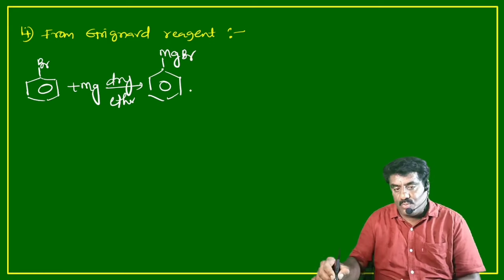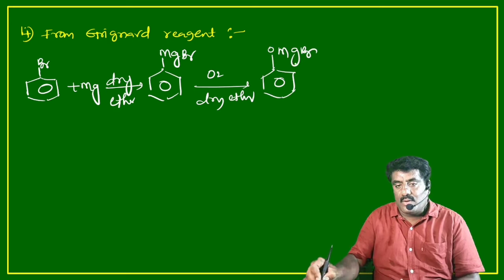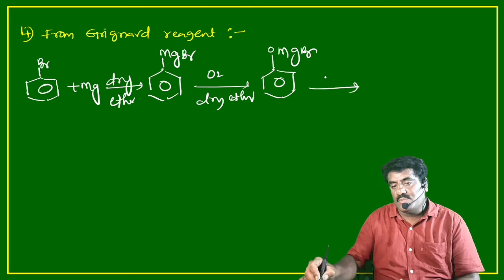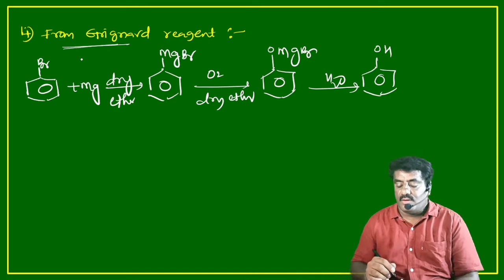Phenyl magnesium bromide in presence of O2 in dry ether forms OMgBr. Yes, in presence of H2O it gives phenol. It is from Grignard reagent.